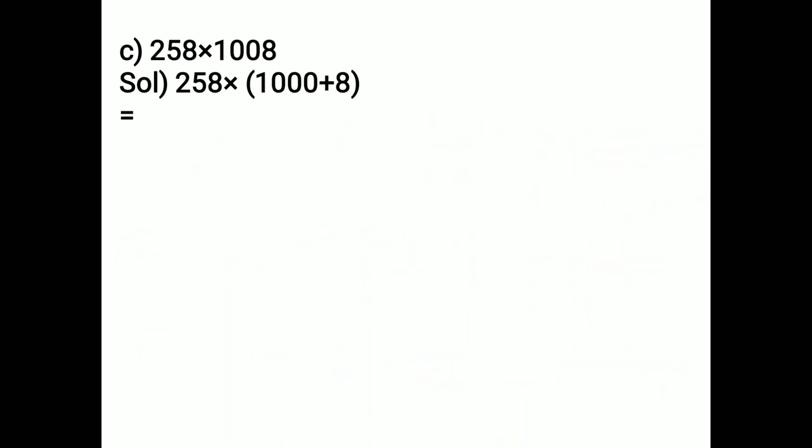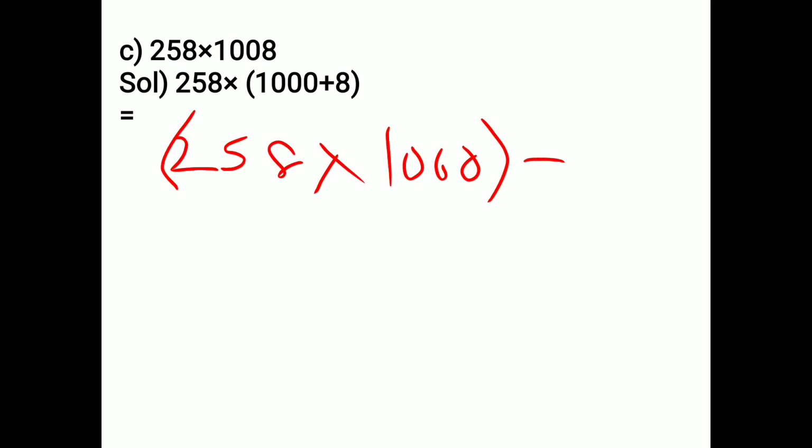Now we come to C part. I already expanded 1008. It becomes 1000 plus 8. Now 258 multiplied by 1000 plus 258 multiplied by 8.